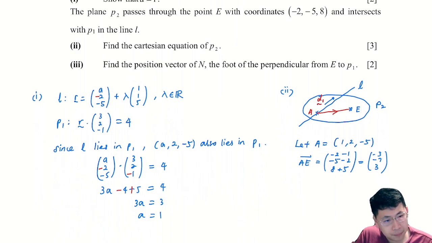Oops. Okay, sorry, a few more errors. This is negative 2, so this means there will be a plus 2. So negative 5 plus 2 would be negative 3 again. Okay, and over here we have a 13. So this is my vector AE.